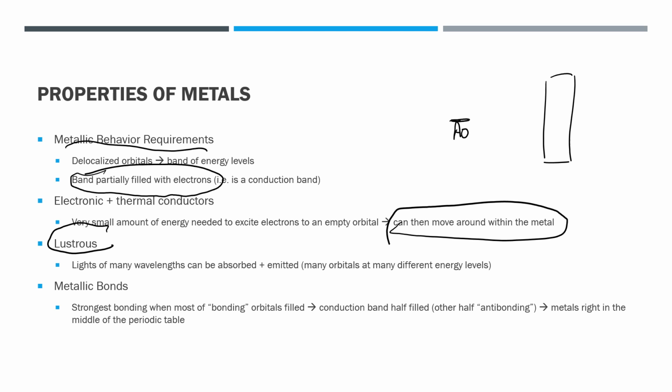And anything lower in energy than this atomic orbital is called a bonding orbital. Anything higher in energy is going to be an antibonding orbital. The bonding orbitals are lower in energy, antibonding are higher in energy.